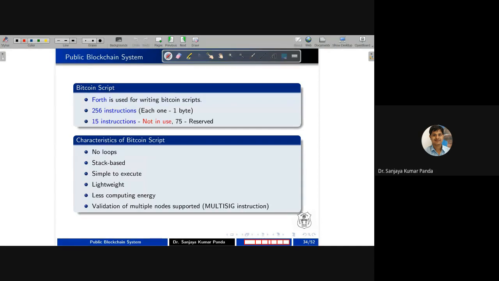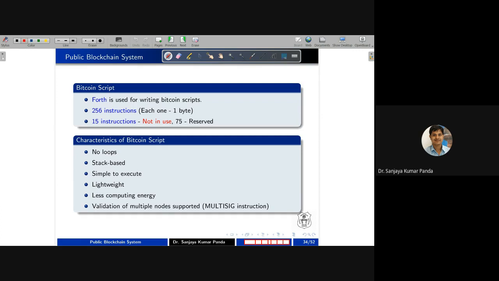Some of the popular characteristics of this Bitcoin script is that there is no loop. You will not find any while loop or for loop, but the syntax is more or less the same as any traditional programming language which we have come across, and it is stack based.